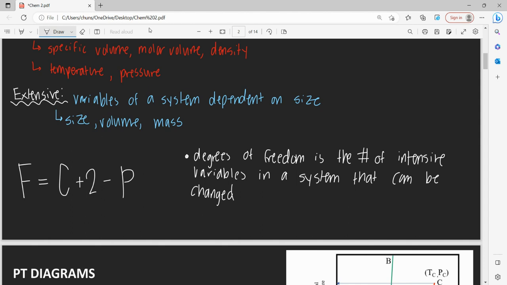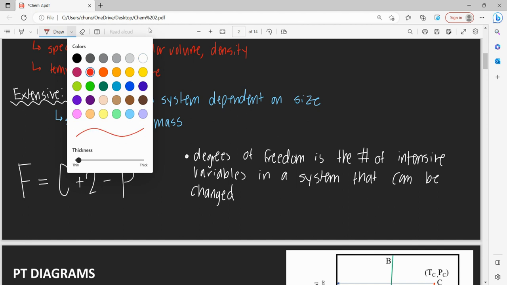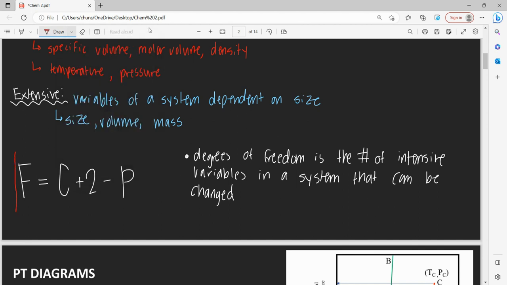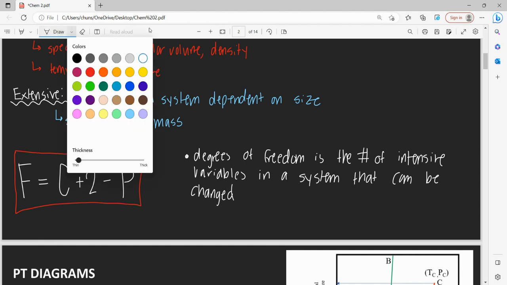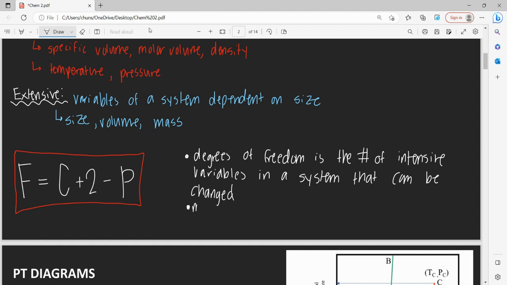So if you had 2 degrees of freedom, for example, that means you could change things like pressure and temperature. So you have two options to change two variables while one stays fixed. The maximum degrees of freedom is 3, right?